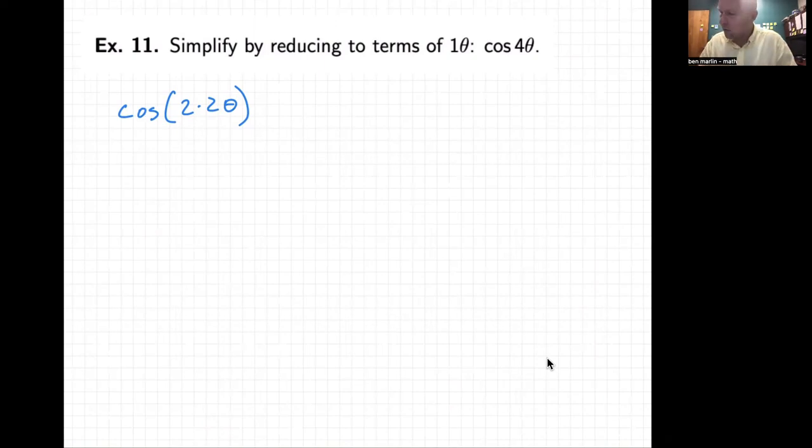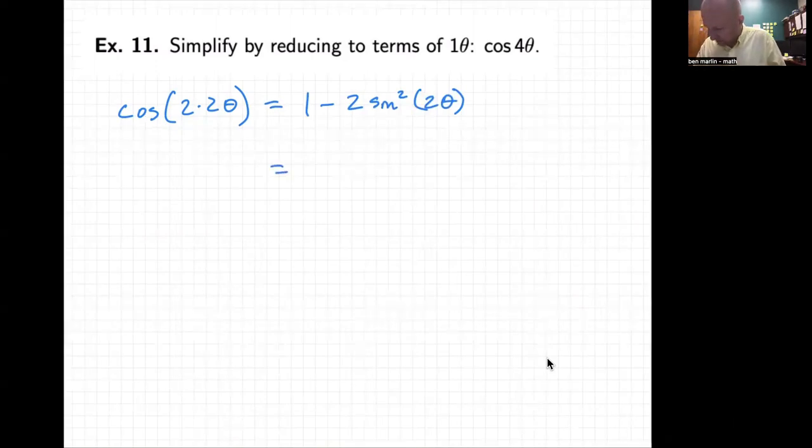I think I want to go ahead and work with the one that has sines in it. So I'll write 1 minus 2 sine squared. Because we have 2 times 2 theta, we're just replacing symbols here. We're just putting 2 theta where the theta goes.